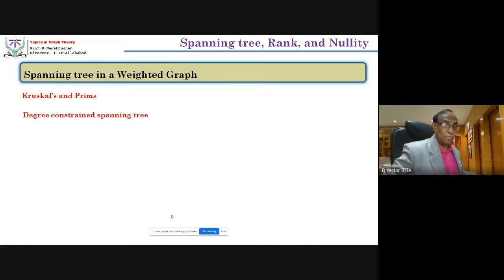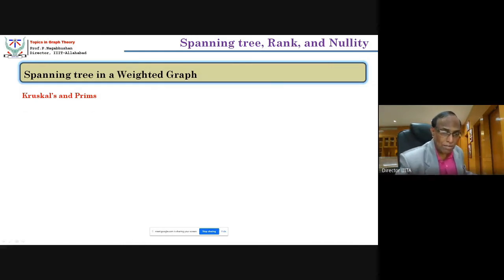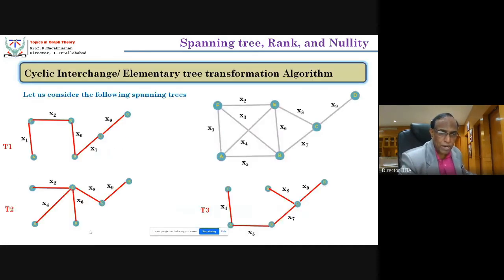But my interest is not Kruskal's algorithm or Prim's algorithm. My interest is to construct a spanning tree, no doubt, but where the degree of the spanning tree is constrained. I will give you an example. You saw that several spanning trees are constructed.